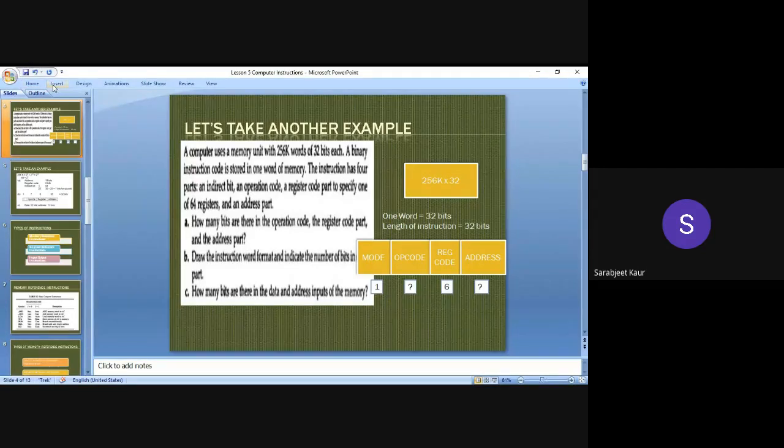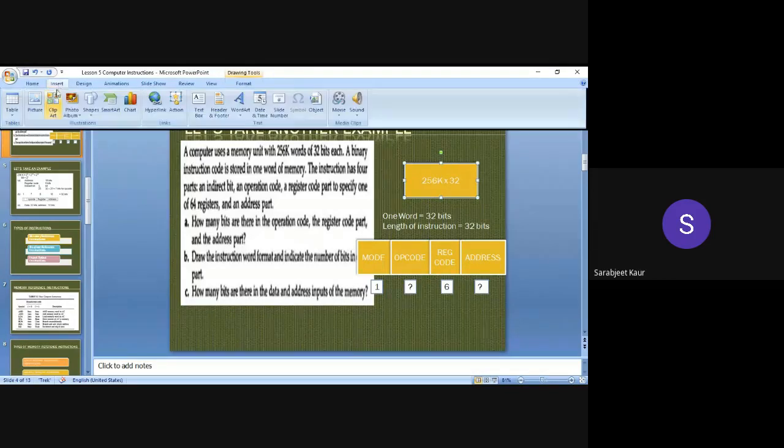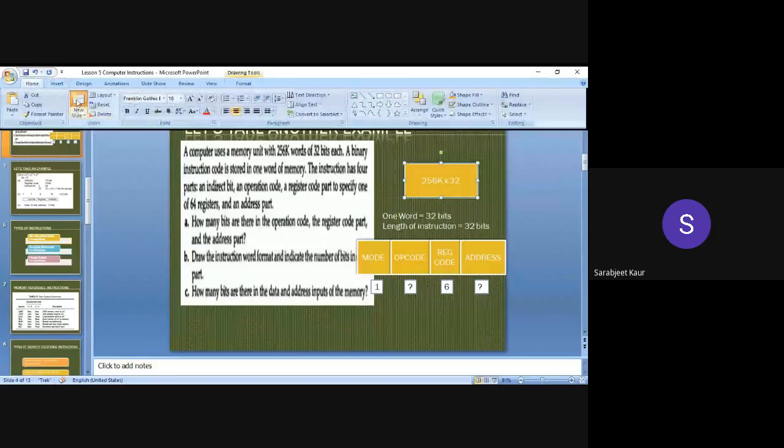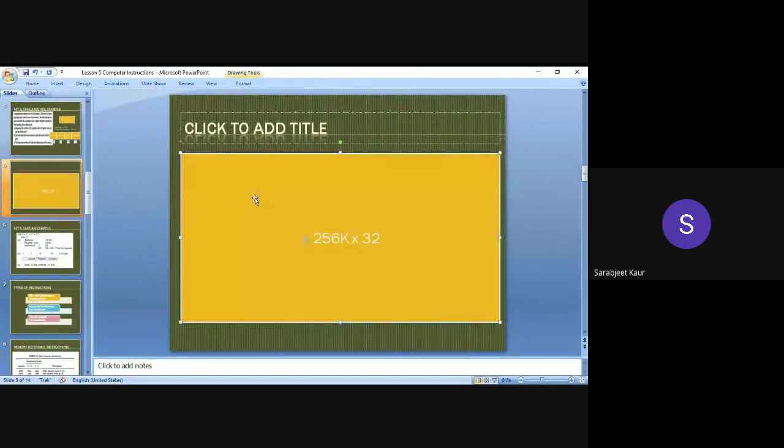Let me just tell you. 1 KB is equal to 1024 bytes. This is 1 kilo, also known as 1 kilobyte.